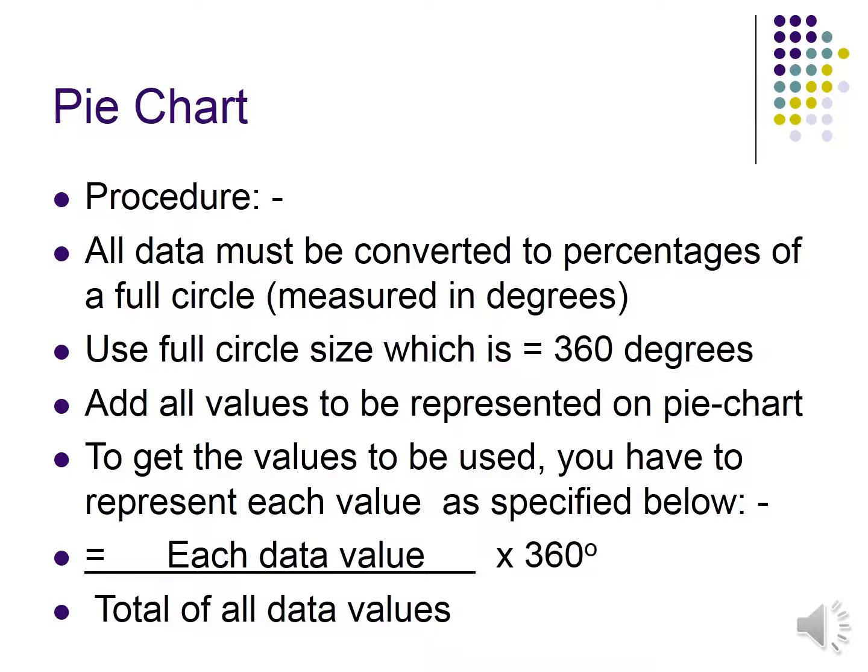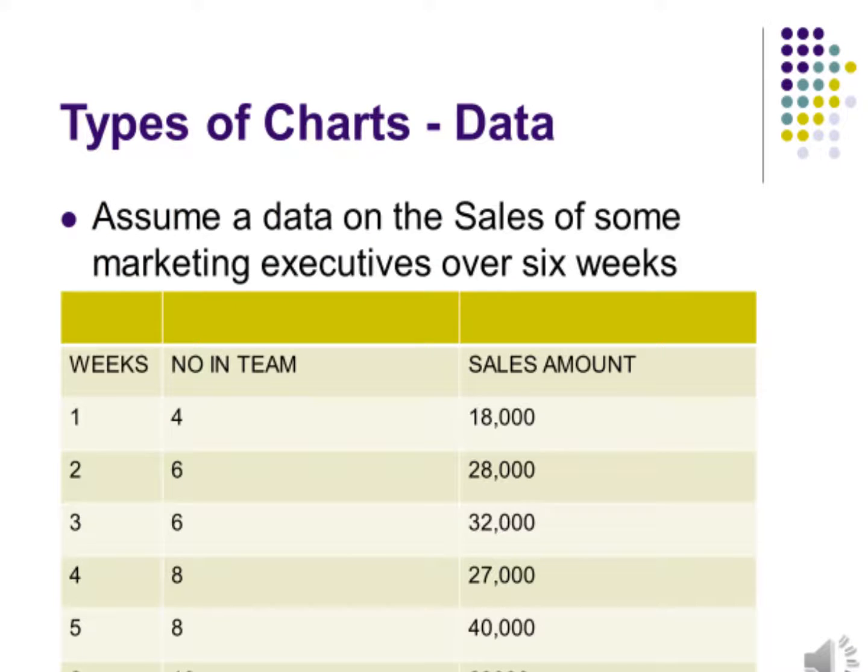So you will add all the values in the data together, and you now pick each value as a percentage of the total value and multiply by 360 degrees. So for this chart, for a pie chart, you add 18,000 to 28,000.